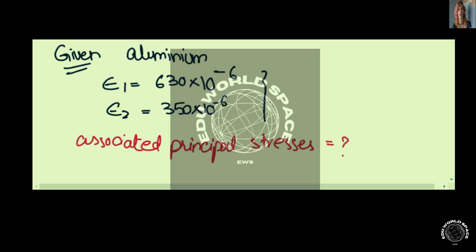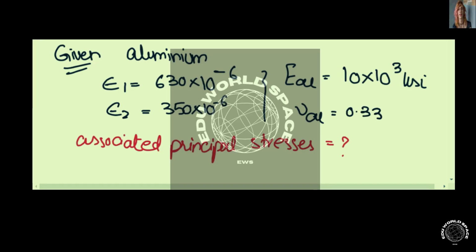They have given us the elasticity for aluminium, that is 10 into 10 raised to power 3 ksi, and epsilon sub aluminium, that is equal to 0.33. The hint given to us is to see problem 10.30. So let's start with the solution.